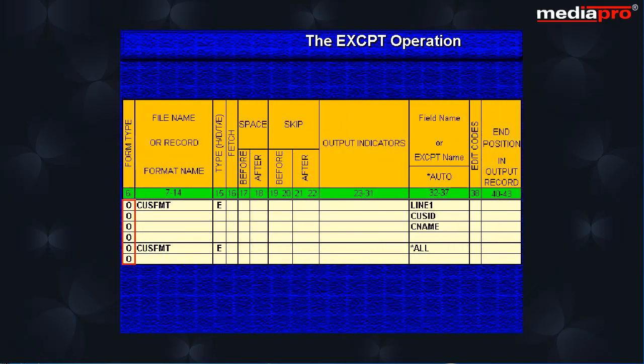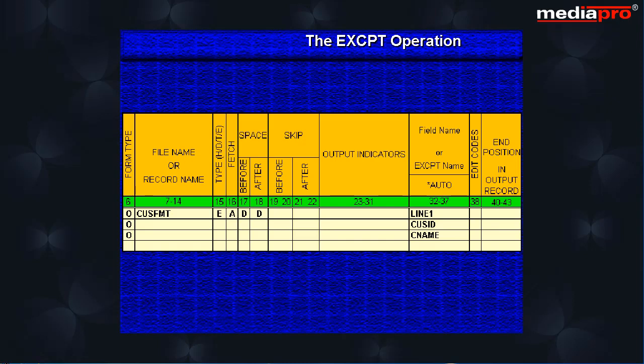On the output specification, columns 7-14 should contain the record format of the externally described file. This is followed by a list of all the fields comprising the record or a value of *ALL to include all fields. If a field is omitted from the list, a value of zeros or blanks will be written to the record for that field depending on the data type of the field.